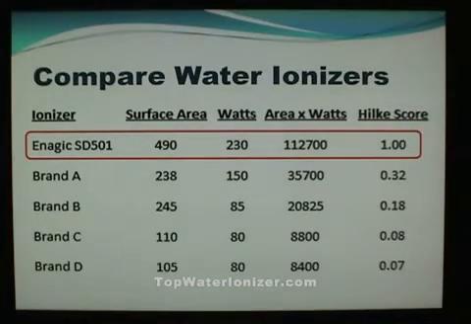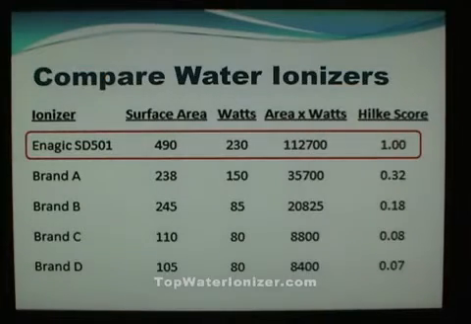When comparing water ionizers, there are two very important metrics. One is the surface area of the ionization plates, and the other is how much electricity is applied. To simplify our analysis, I have multiplied the surface area times the wattage of the leading water ionizers to derive a value in the column called area times watts.